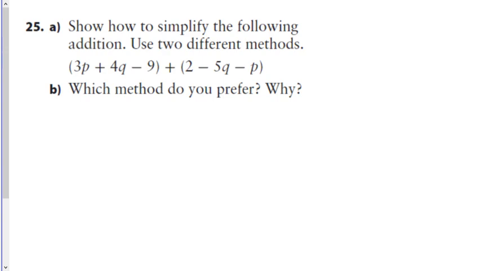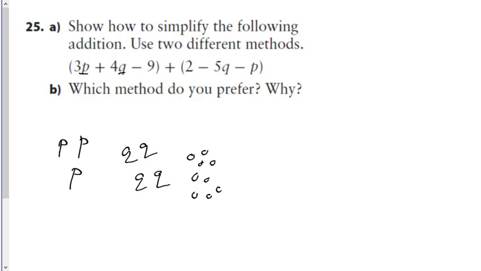Show how to simplify the following addition using 2 different methods. In theory, instead of using algebra tiles, you could use different symbols. I'm going to make p that, and I'm going to make q that, and negative 9 that.